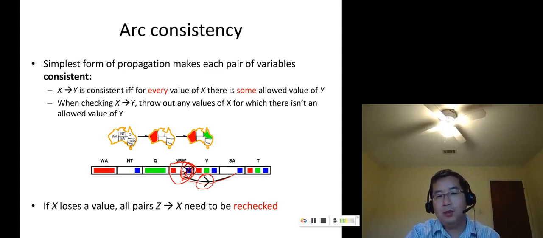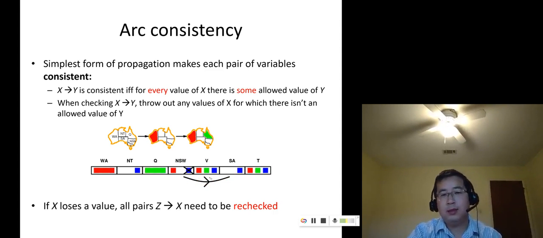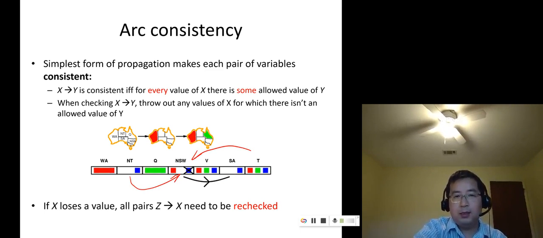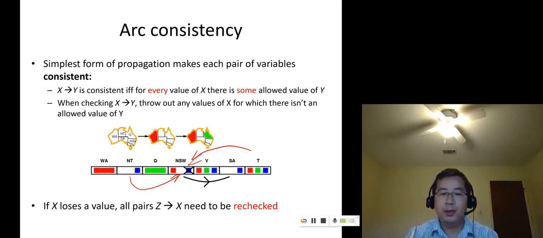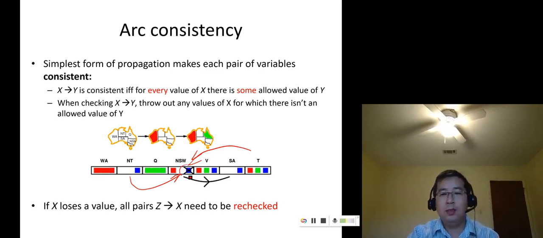And just because we deleted this one, we need to check all the variables pointing to this variable. Why don't we check this variable to other variables? Later we will talk about that. First, we need to check this one to this one.